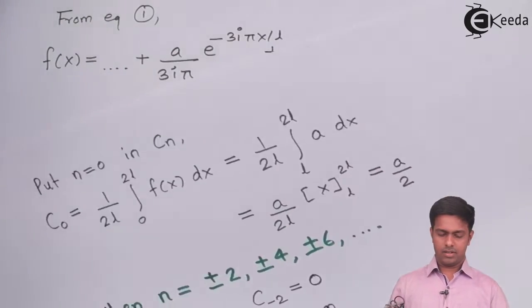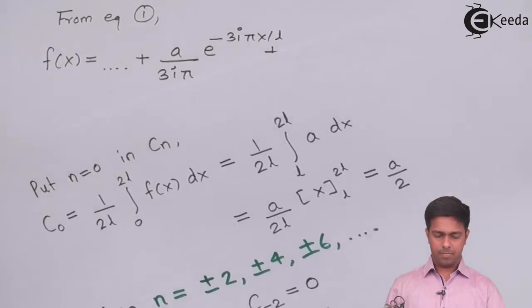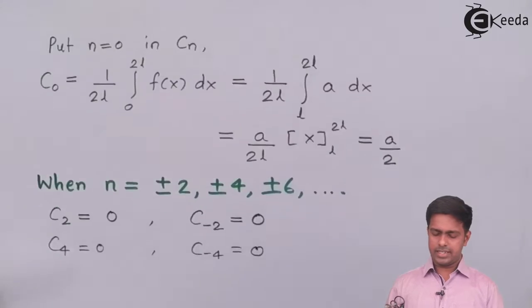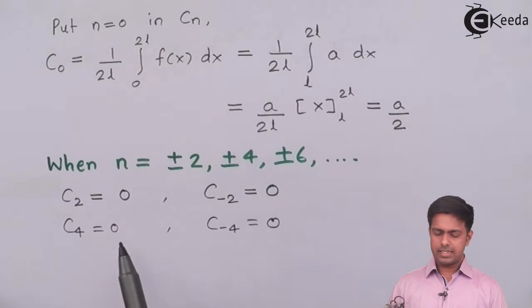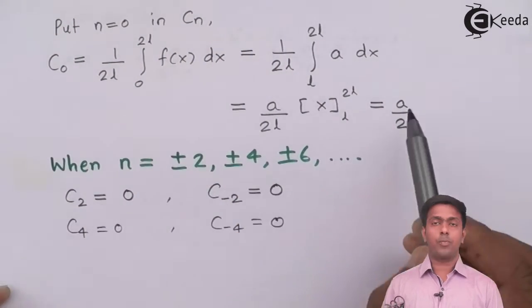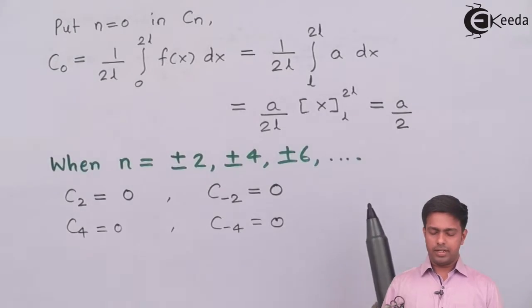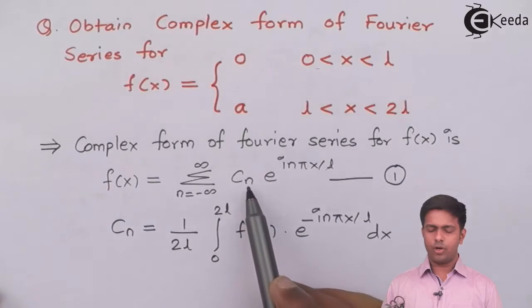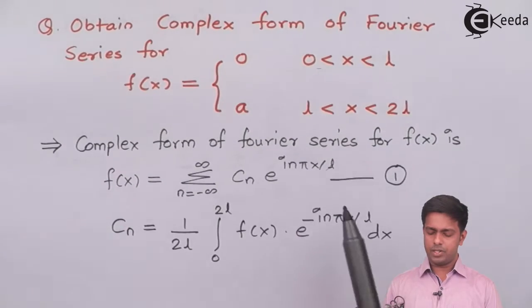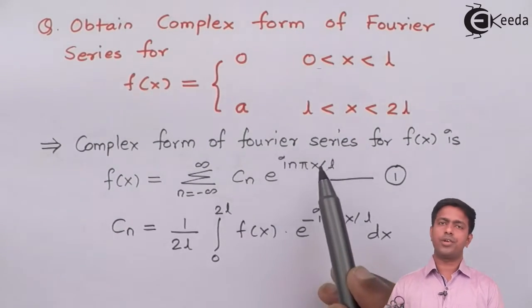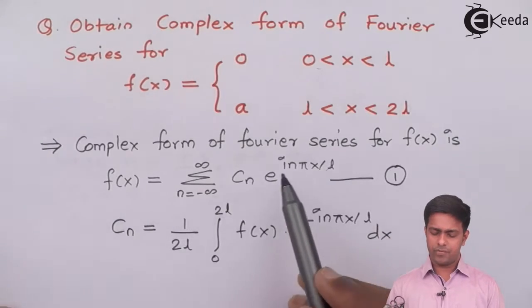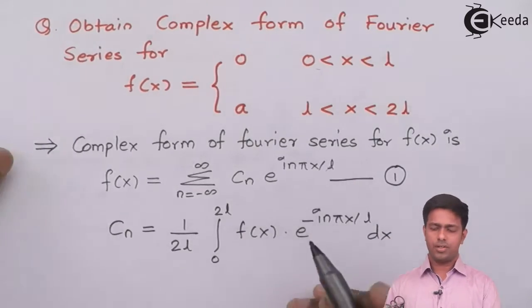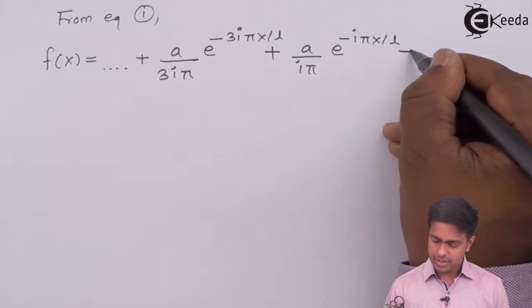Here you can see the value of C0, which is a upon 2. So in this result, if we put n equal to 0, here we'll get C naught, and here n will be 0, so e to the power 0 is 1. So we will not write that term, we'll just write the term of C naught. So guys, C naught is a upon 2.